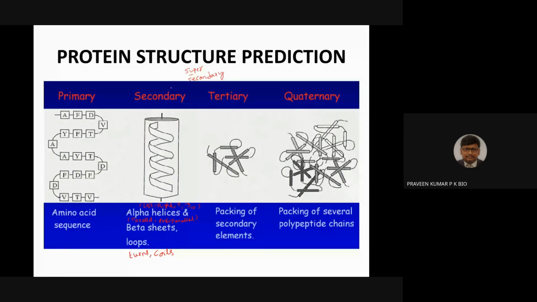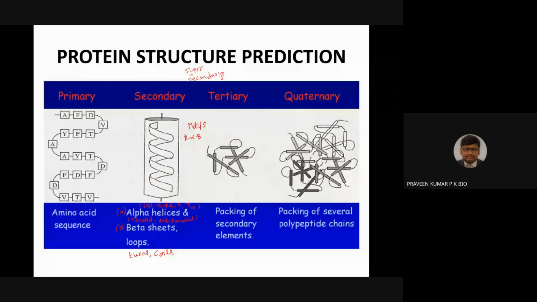And if you see the super secondary structure, we find the protein is present in the form of motifs. We have motifs like beta, alpha, beta. Here, alpha helices are represented by alpha and beta sheets are represented by beta.